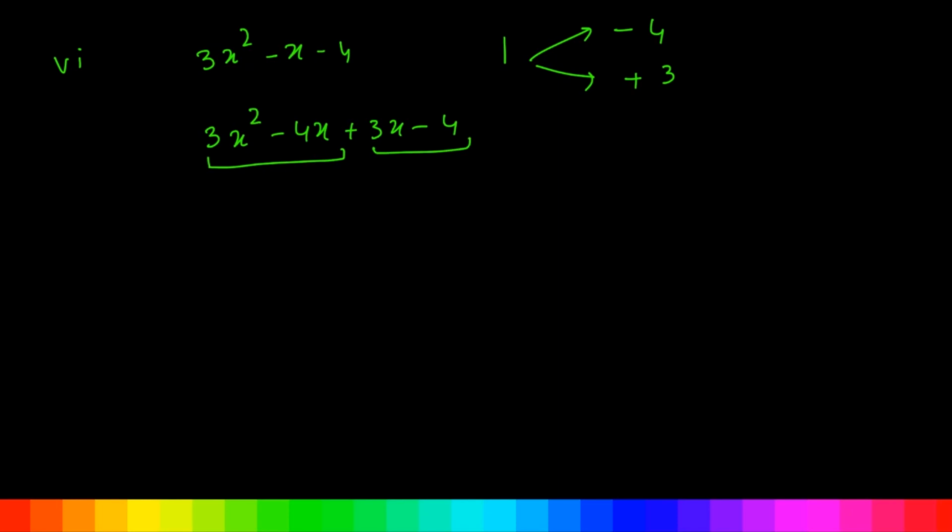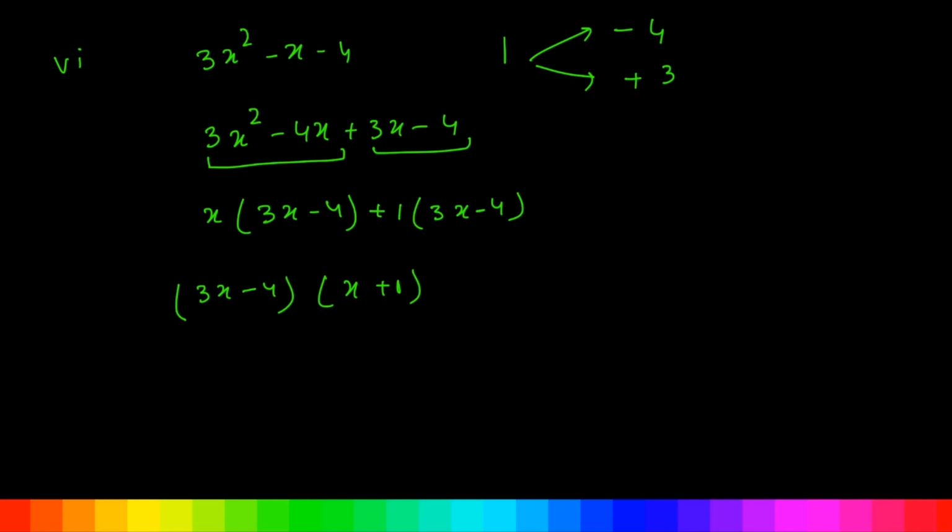From the first two terms, we will take x as common, leaving 3x minus 4 within the bracket. From the second pair of terms, we will take 1 as common, leaving 3x minus 4 within the bracket. Now in both the terms, 3x minus 4 is common, leaving x plus 1 as another factor.